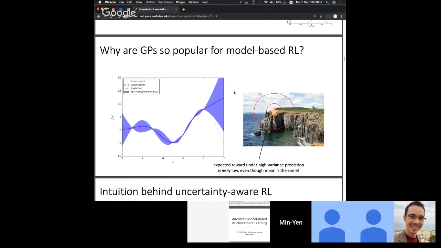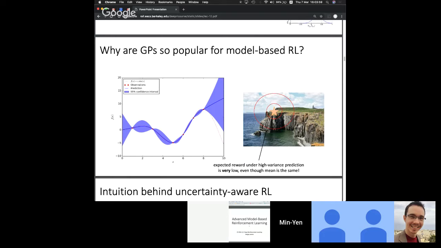Here he talks about why Gaussian processes are so popular for model-based RL. He takes an example of a cliff. Suppose we want to get a better picture of the entire ocean, then we need to find a place where you can see the maximum amount of sea. There is also a possibility that you might fall off the cliff if you are too enthusiastic.